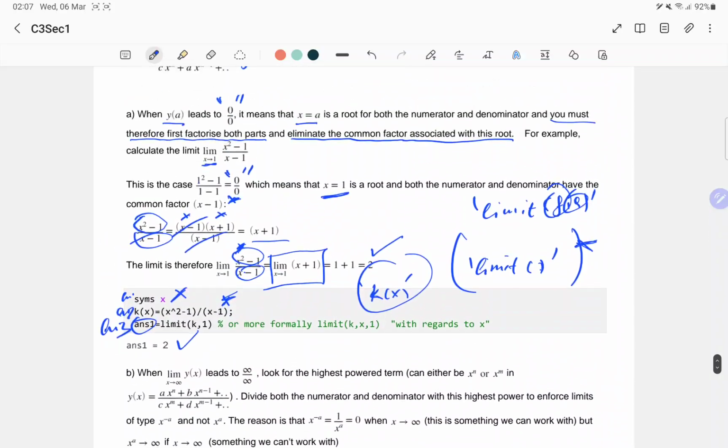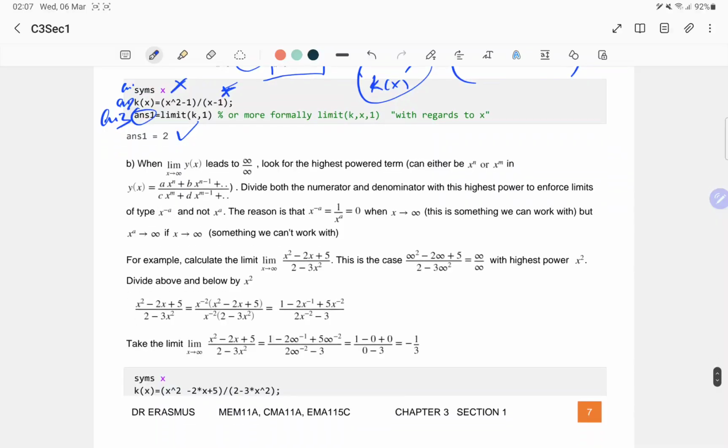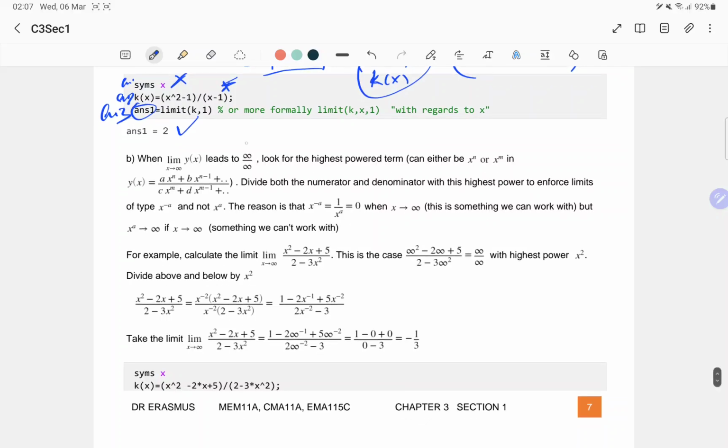So let us look into number B. When the limit of y of x as x tends to a very large number leads to infinity over infinity, look for the highest power term.